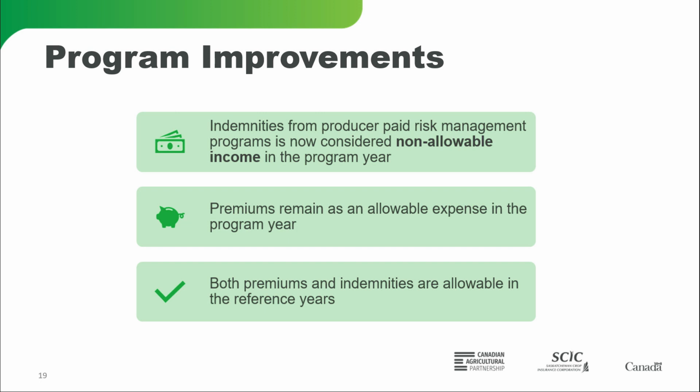So any benefit is not considered allowable income, and the premiums do remain an allowable expense. And both premiums and any benefits that you receive from those programs are allowable in the reference years. So that's one of the improvements that they made effective for the 2020 program year.